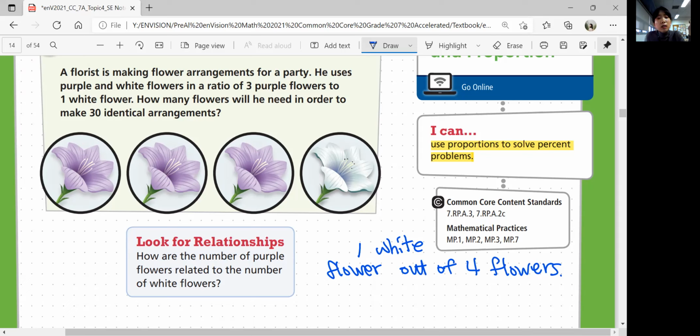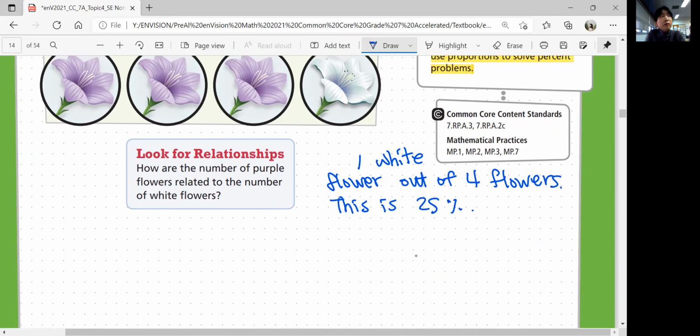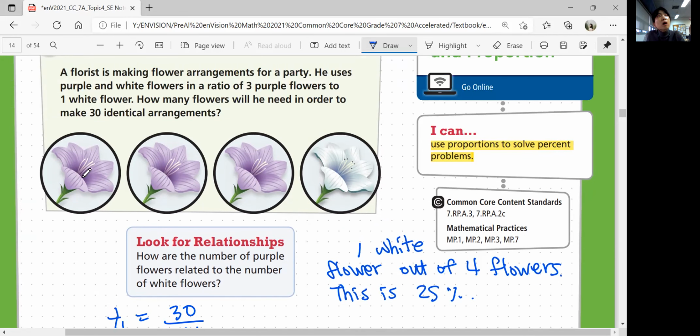So you'll see that this is how many percent? 25%. 1 out of 4. And so your proportion could be 1 over 4 is equal to the total number over x, because this is one arrangement.